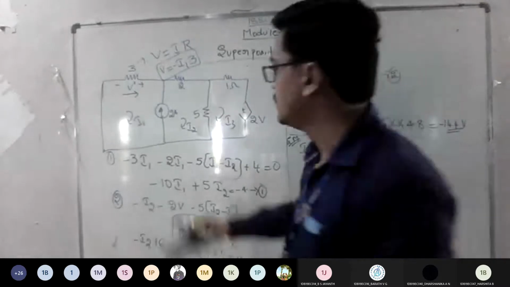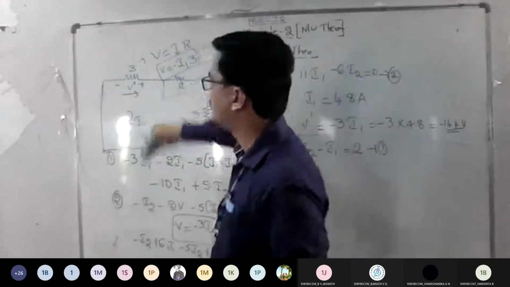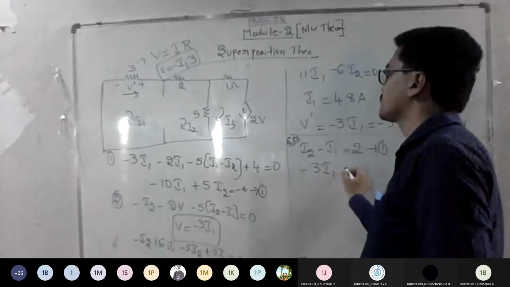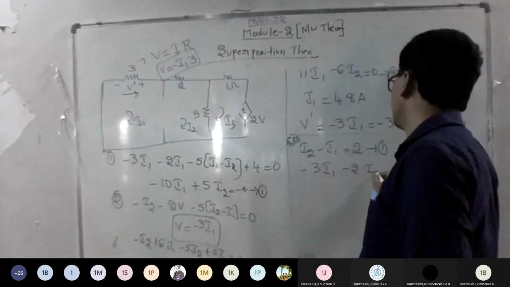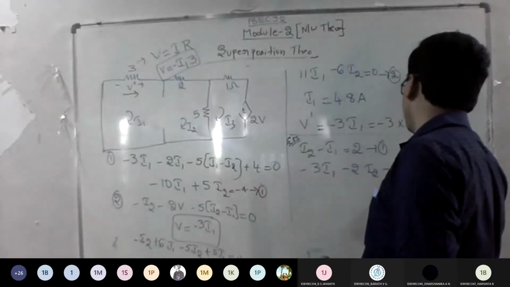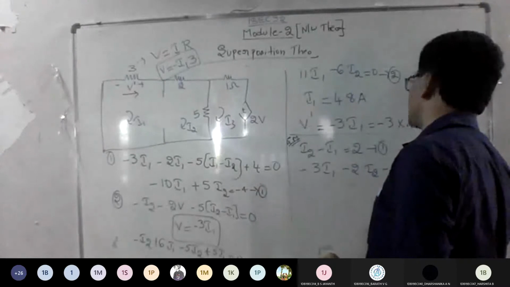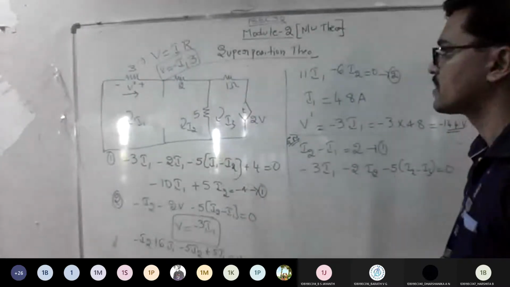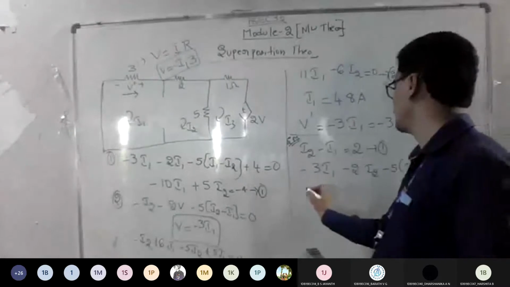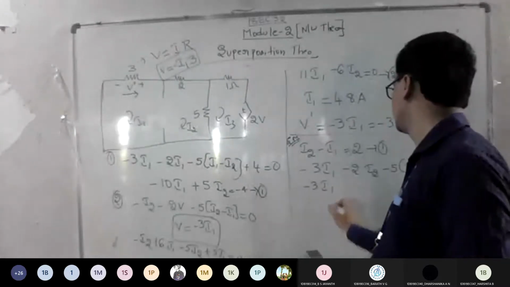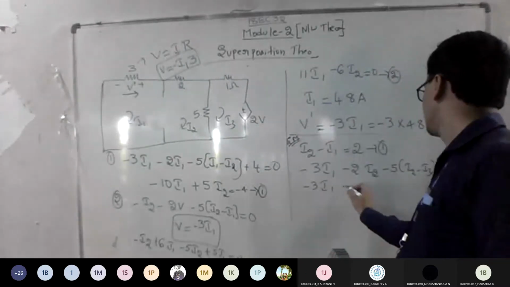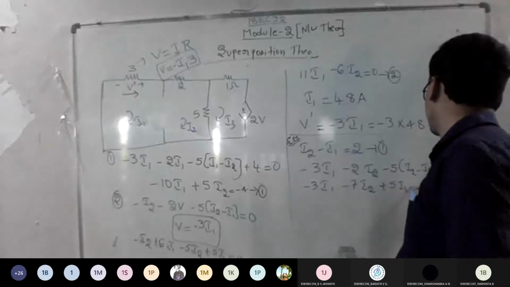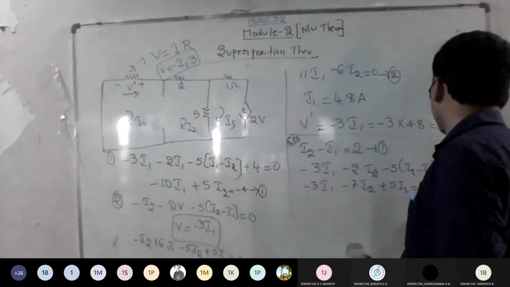Once you write that, you can eliminate this. So write the equation now: minus 3 I1 minus 2 I2 minus 5 I2 minus I3 equal to 0. Am I correct, everyone? So you are going to get minus 3 I1 minus 7 I2 plus 5 I3 equal to 0. This is equation number 2.